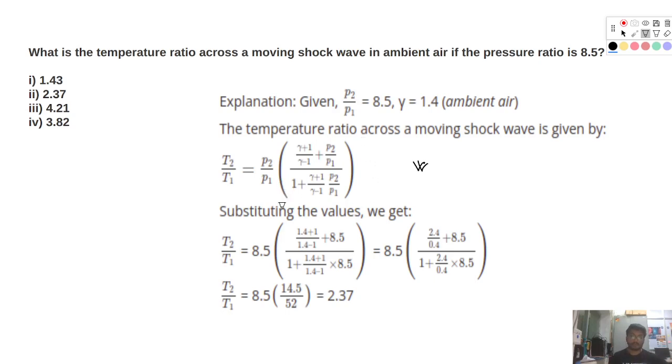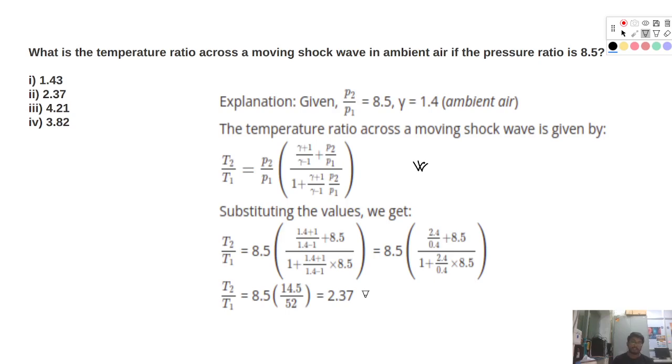And since this is ambient air, we can think of it as diatomic gas. So gamma is 7 by 5, which is 1.4, and given that P2 by P1 is 8.5, putting in these values we find that T2 by T1 is 2.37.